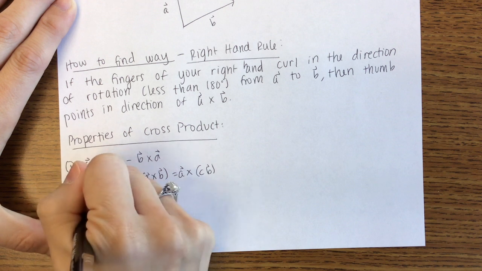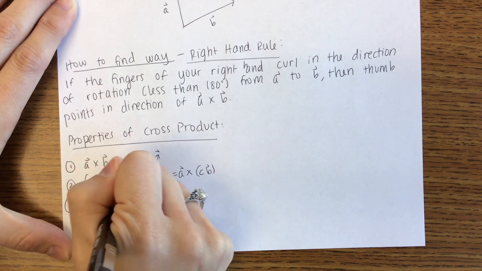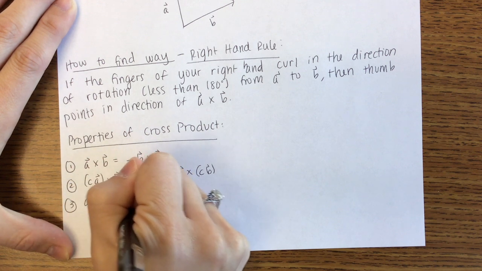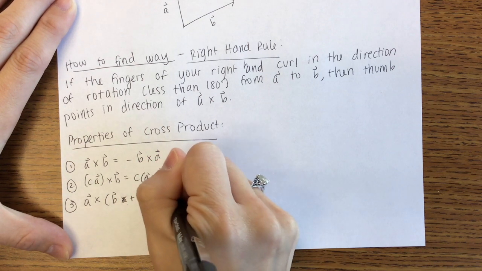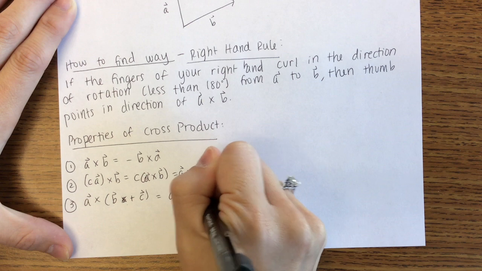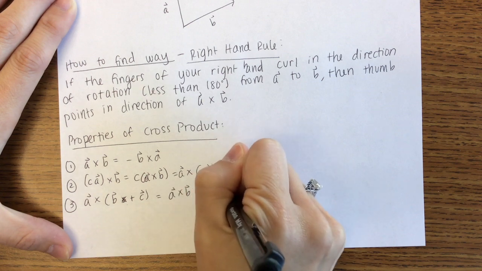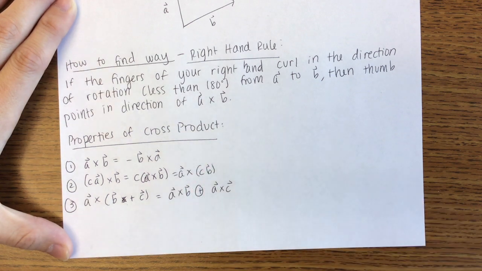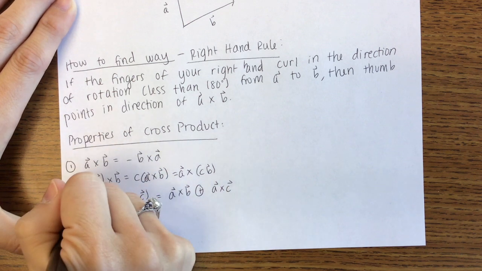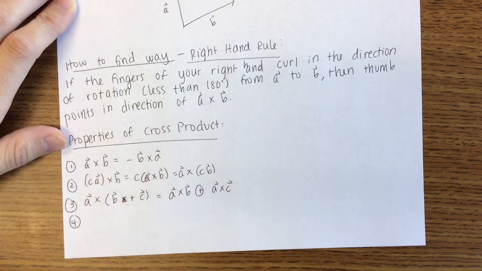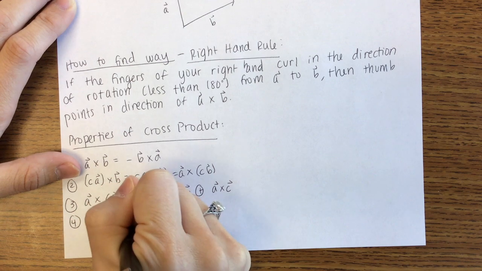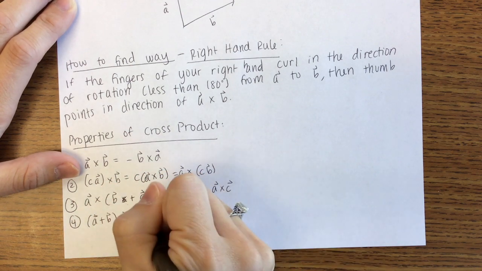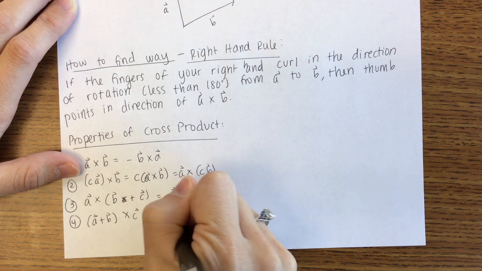Next thing to know, if I take a and I cross it with the sum of two vectors, that's the same as first taking both cross products and then adding them. Likewise, if I take a sum and then I cross it by another vector, that's the same as first crossing and then taking the sum.